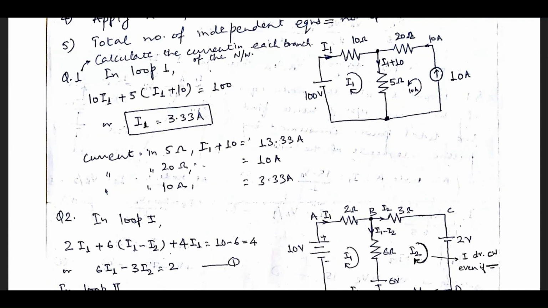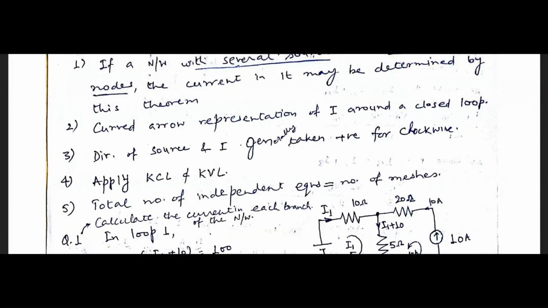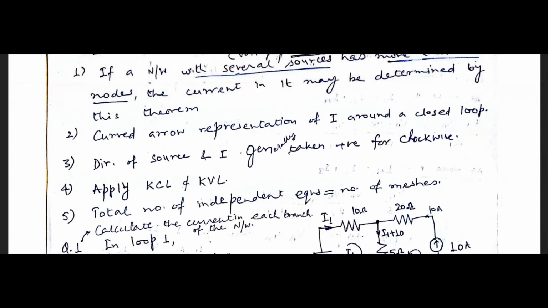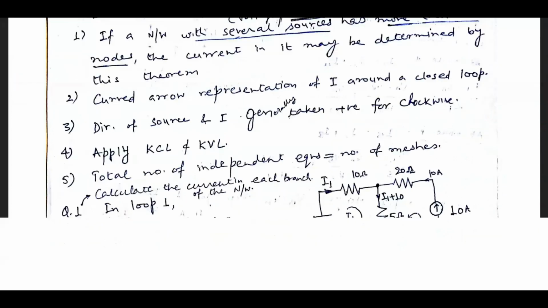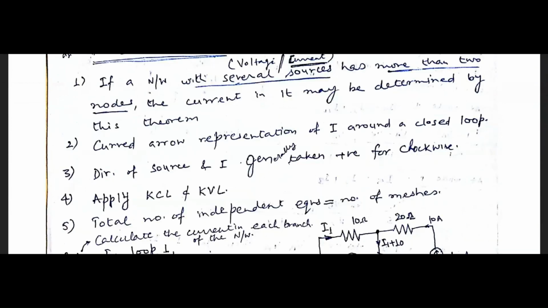So is everyone clear about the steps to be followed in Maxwell's circulating current theorem? If the steps are clear, we can move further to numericals.